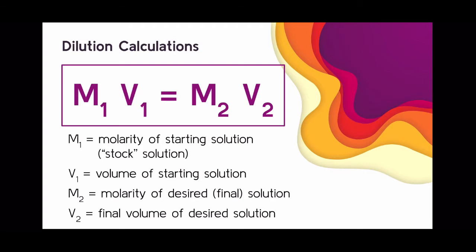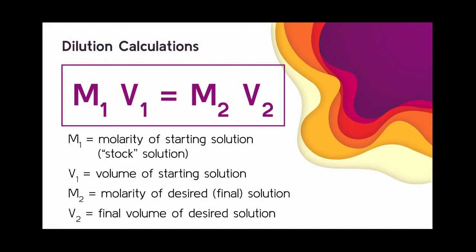The 1's and 2's that you see as subscripts in the equation represent the initial or beginning solution and the final or desired solution. So M1 is the molarity of your starting solution, or you might hear it referred to as our stock solution.